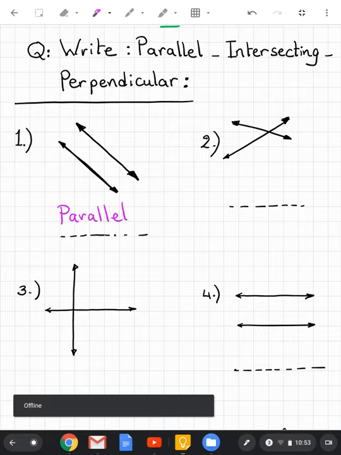Number 2, the two lines cut each other in one point, and they are not making a square corner, so we call them intersecting lines.